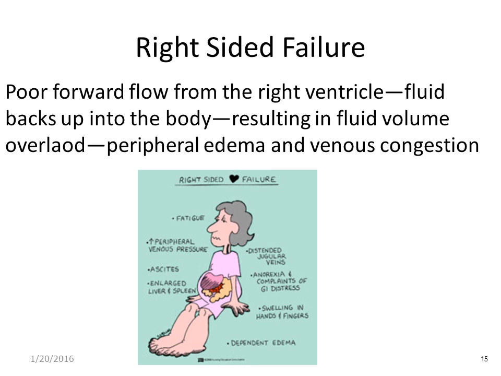And we have poor forward flow, and so then the blood backs up from the right ventricle to the right atrium, and from the right atrium back into the body. And so we're going to see all that peripheral edema and venous congestion, hepatosplenomegaly, JVD.